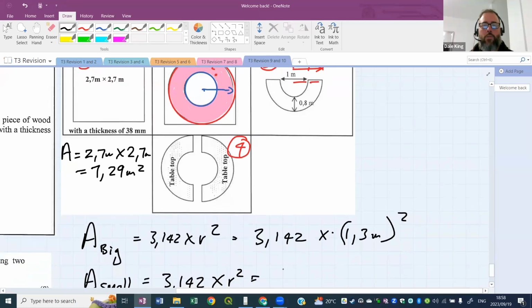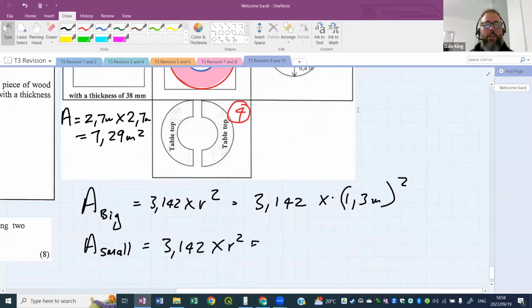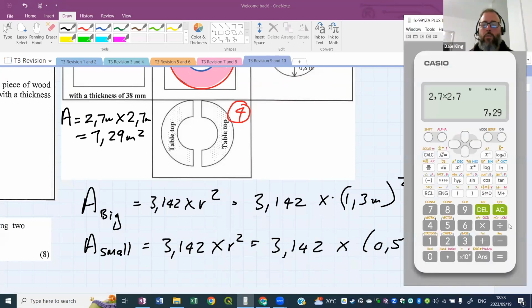Okay. And the small one, Khabo? What is the radius for the small one? 0.5. Yeah, very good. So the small one is 0.5. So we've got 3.142 times 0.5. Whoopsie, meters. I need that to be squared. Okay. So let's do the top one first.